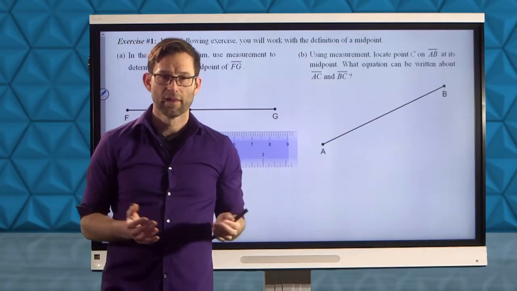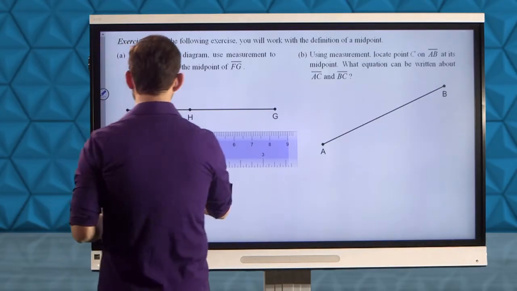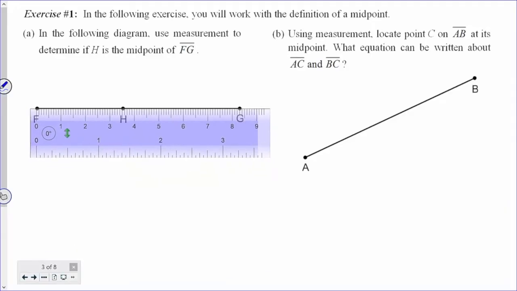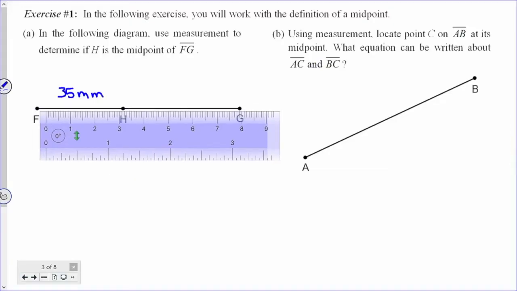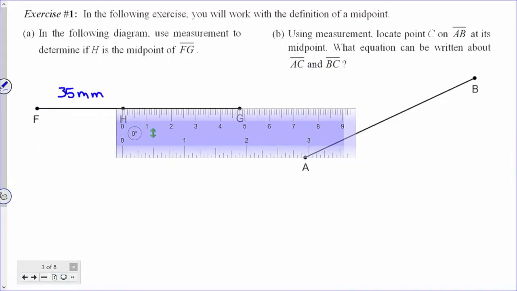All right, let's go through it. Well, what I hope is that you found that it in fact wasn't the midpoint. If I bring my ruler up here and I measure FH in millimeters, what I'd find is that FH is just about 35 millimeters. On the other hand, if I measure GH, I would find that it is more like 48 millimeters.